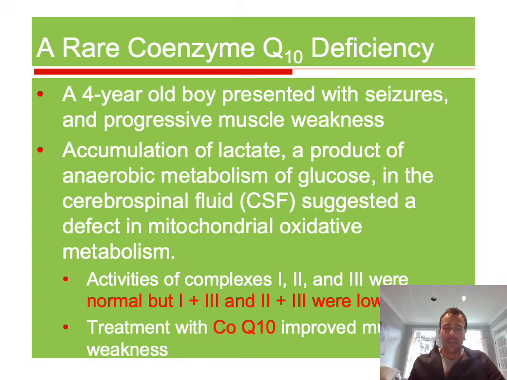They looked at activities of complexes 1, 2, and 3 and they were normal, but the combined activities of 1 and 3 and of 2 and 3 were low. Basically it was because of the transfer of electrons through coenzyme Q. So they treated him with coenzyme Q, which improved some of his muscle weakness.